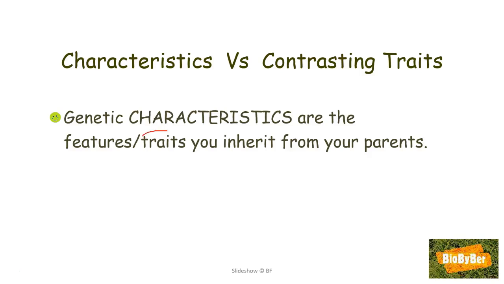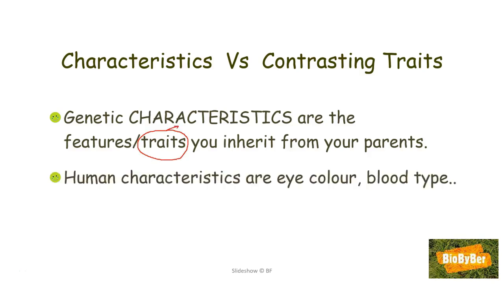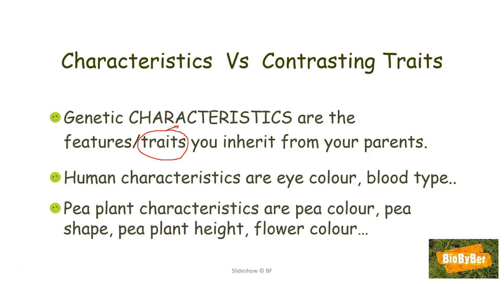This is the first source of confusion because the word traits is used here to mean characteristics that you inherit. Human characteristics are eye colour and blood type. Pea plant characteristics are pea colour, pea shape, pea plant height, flower colour. We need to be clear on what characteristics are.